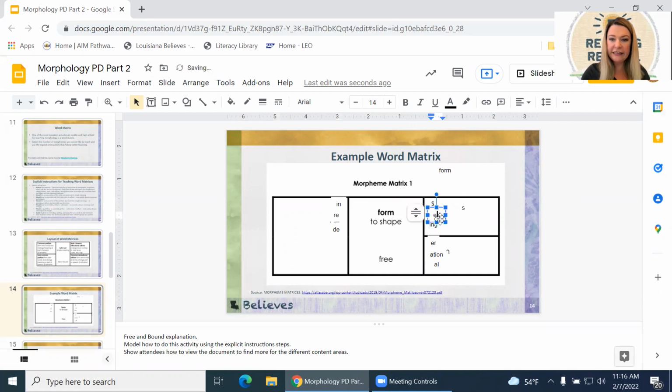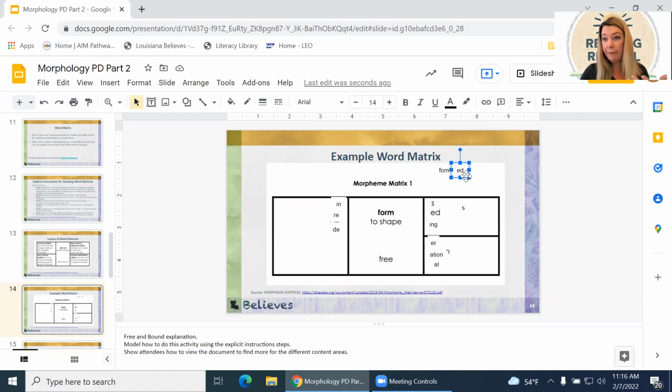If I add ED to form, then I have formed. And formed means that I shaped something previously. It happened in the past. Maybe I formed a paper or I formed a building. Then I have the suffix ing. If I add ing to the back of form, I have the new word forming. Forming means that I'm doing it right now. I'm shaping something right now.